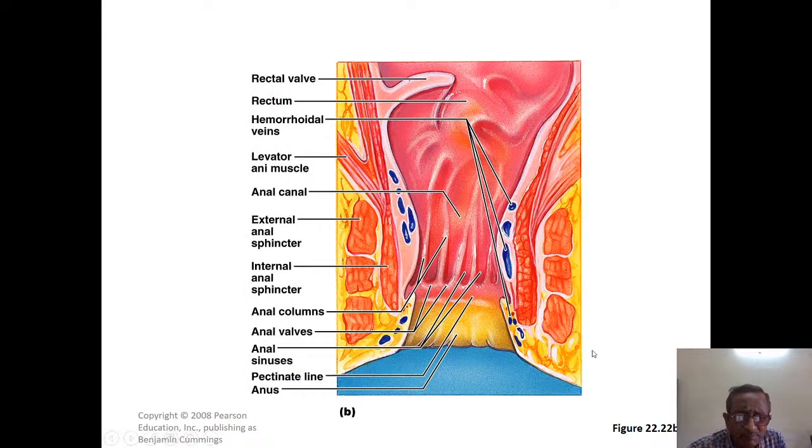So here, this part we call the intermediate area, which is lined by stratified squamous epithelium, and this is the anal wedge, which is covered by skin. So skin, stratified squamous epithelium, then columnar epithelium.